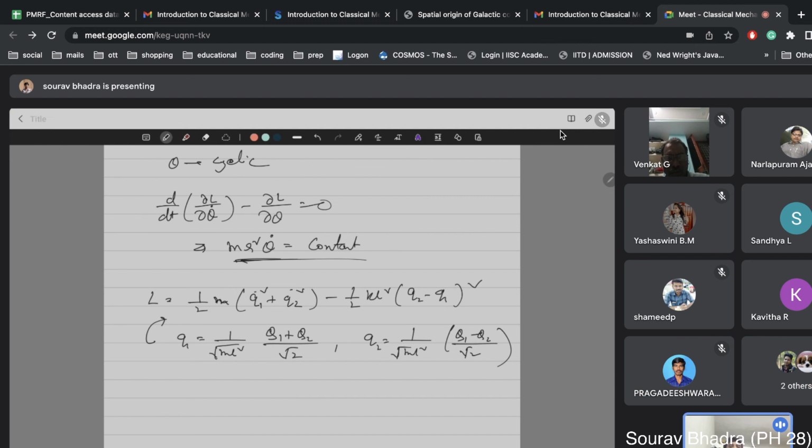If it is not a conservative force, then you cannot write L equals T minus V; then you have to calculate the T and generalized force separately. So these types of limitations are there, but right now I cannot recall if there is any other limitation, but I will check. Without verifying, it will not be good to give any answer.